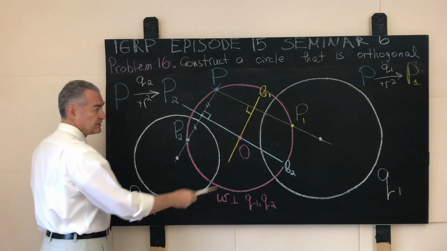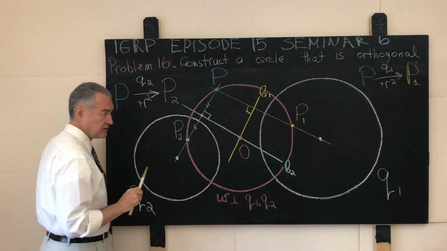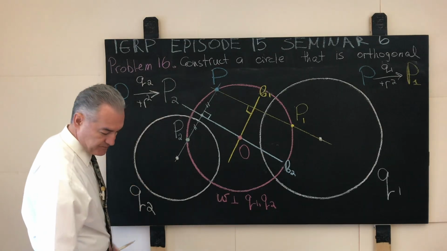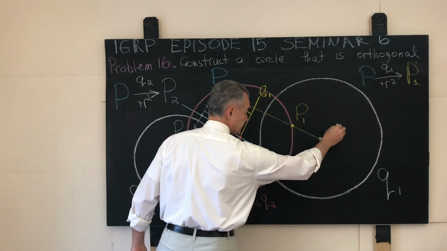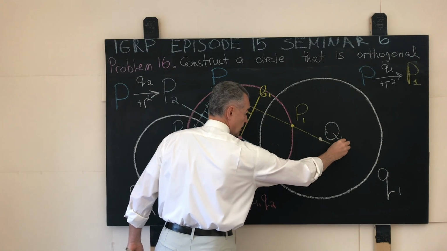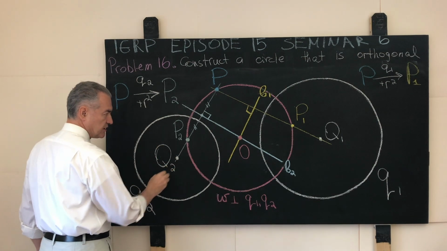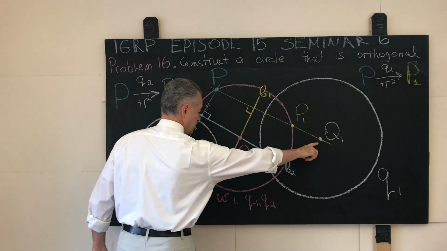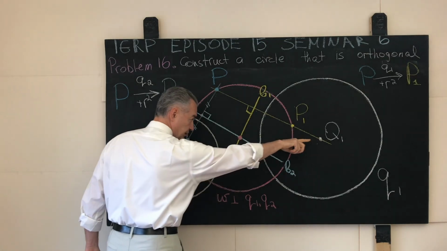In this case, the perpendicular bisectors will be parallel, and if they are parallel, then that means that the centers of the input circles, let's give them the names uppercase Q1, uppercase Q2, and the point P will be collinear.